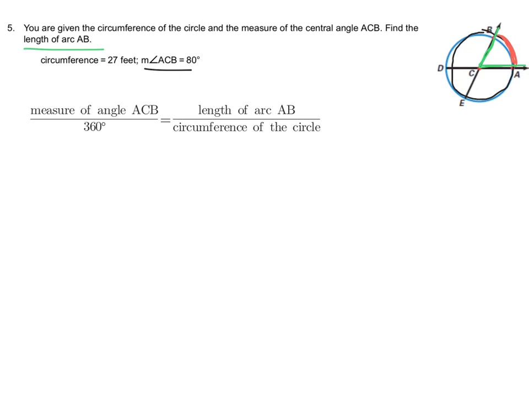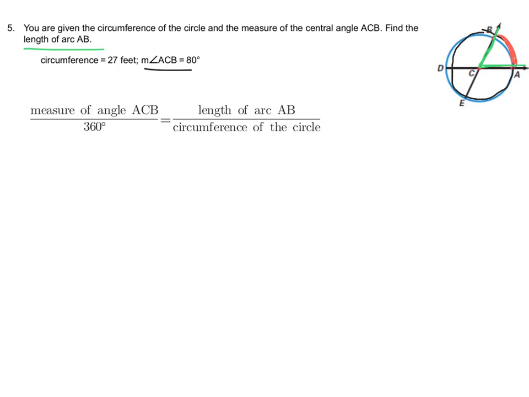In order to find the length of the arc AB, we can use a proportion formula, and I listed the proportion formula on the screen. This says that the measure of angle ACB over 360 degrees equals the length of arc AB over the circumference of the circle.